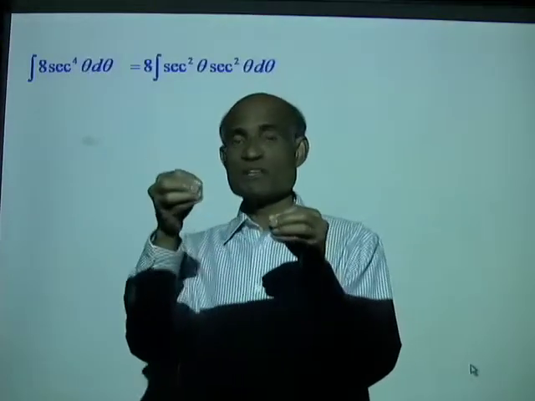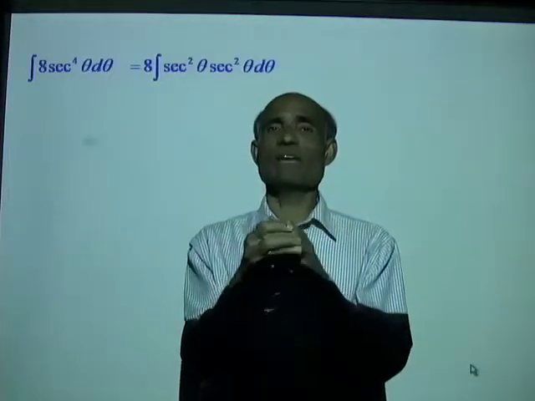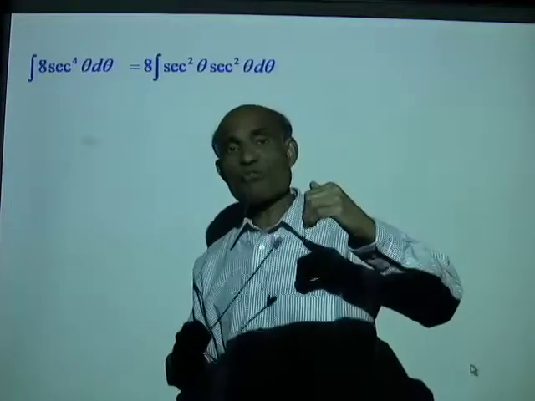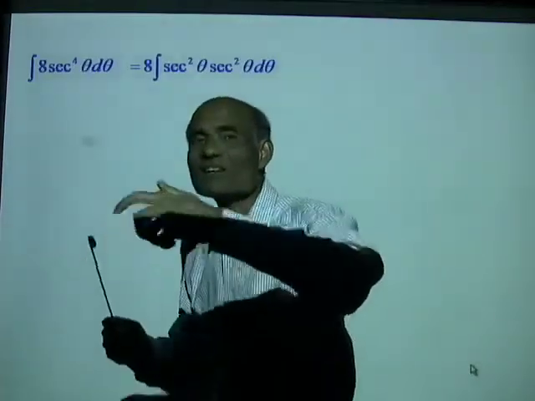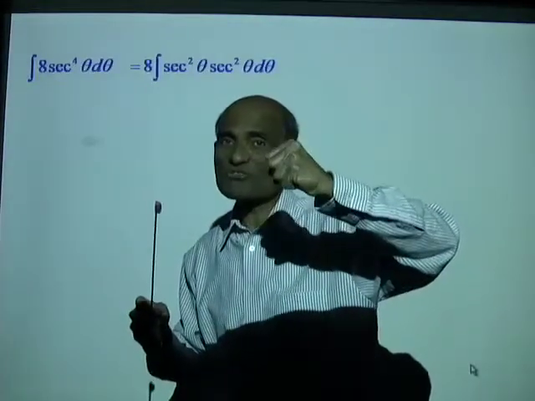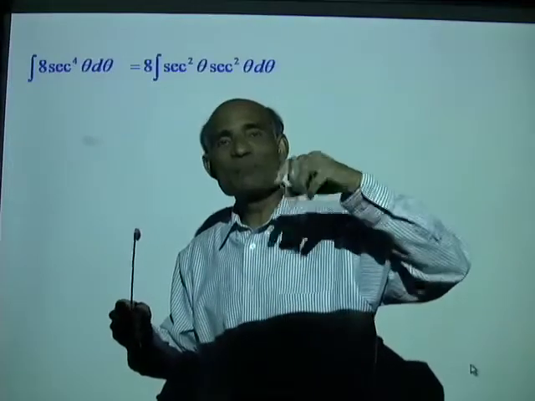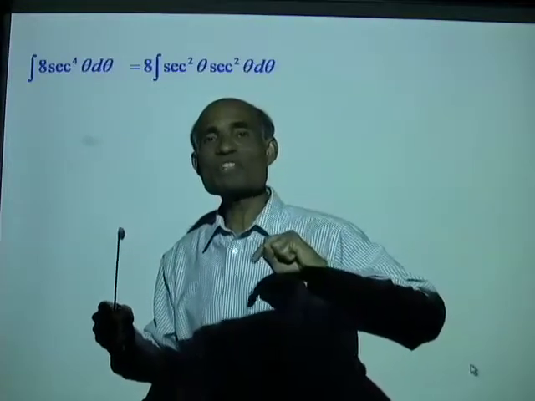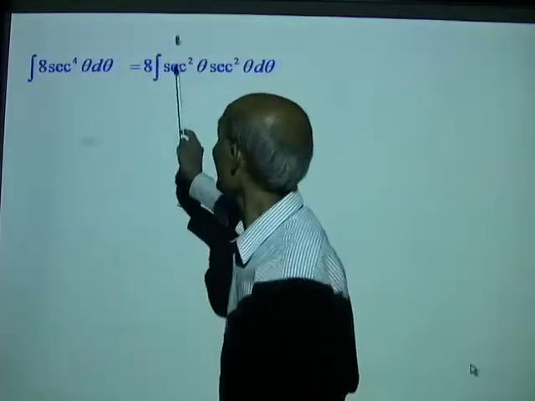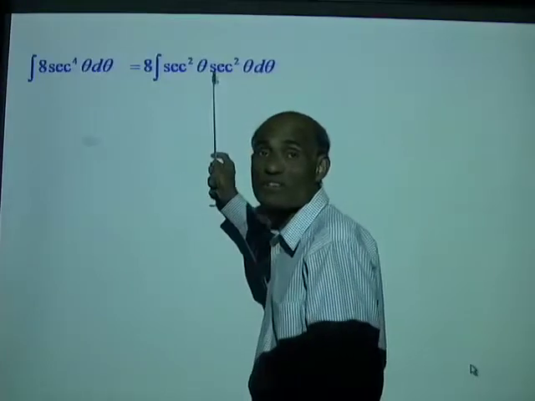See that the derivative of tan theta is secant squared theta. So, if we have a power of a tangent followed by secant squared, it can be integrated because the derivative of tangent is secant squared theta. So you have secant squared theta times secant squared theta d theta.